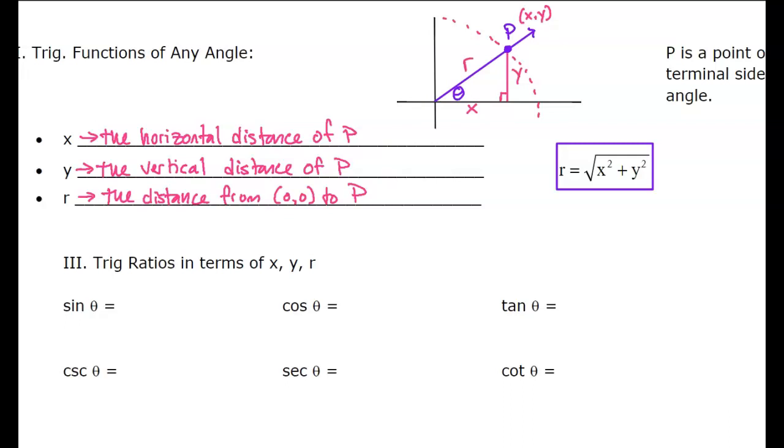So that's why it's good to know off the bat your six trigonometric functions in terms of x, y, and r. Knowing that theta is there by the origin, y is our opposite side, x is our adjacent side, and r is our hypotenuse.